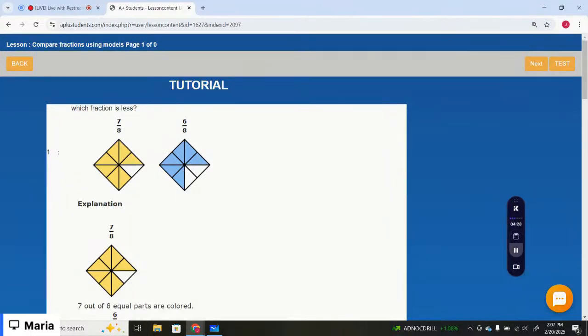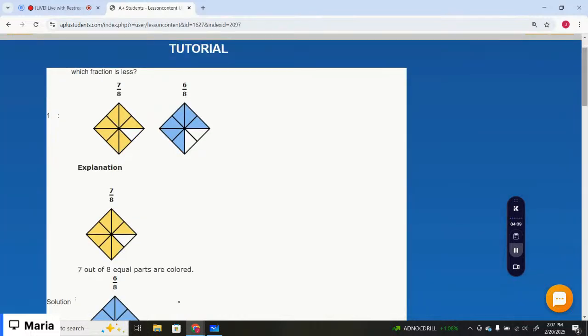The fraction that has more portions colored is always the greater one, and the one with the smaller portion colored is less. So the fractions we are given are 6 by 8 and 7 by 8. We have the figure with 8 portions, and for 7 over 8 you have 7 portions colored, and for 6 over 8 you have 6 portions colored.